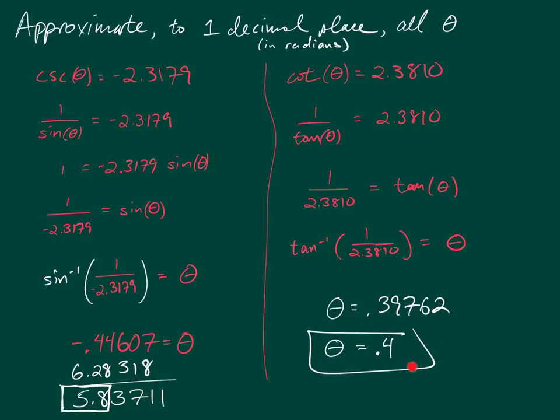And for this answer over here, 0.4, or more specifically 0.39762 and so on, this is not the only angle that will give you a cotangent of 2.381, but it is one of them. And so that's all I'm interested in right now, is to have you find one. We will find the other ones using reference angles a little bit later.